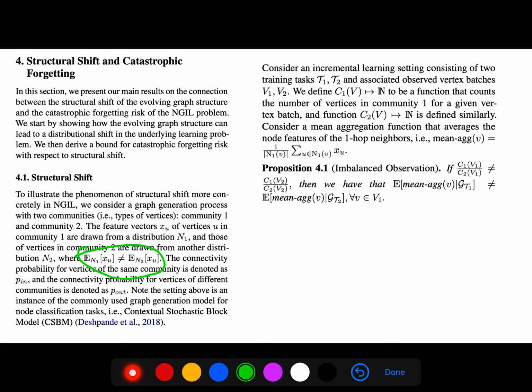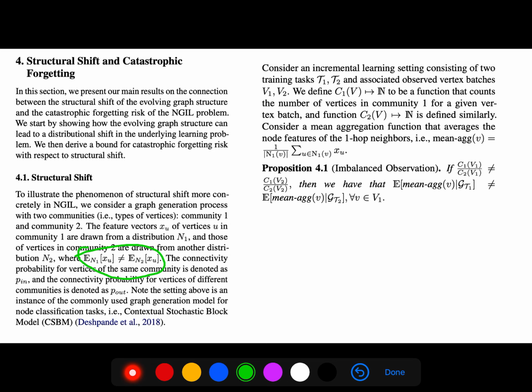The connectivity probability for vertices of the same community is denoted as P sub in, and the connectivity probability of vertices of different communities is denoted as P sub out. Now, note that the setting above is an instance of the commonly used graph generation model for node classification.